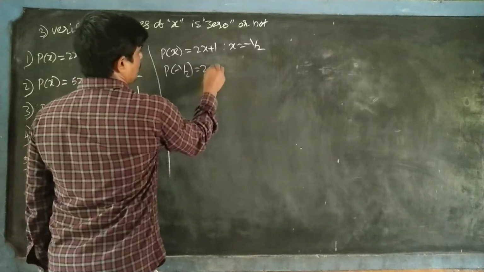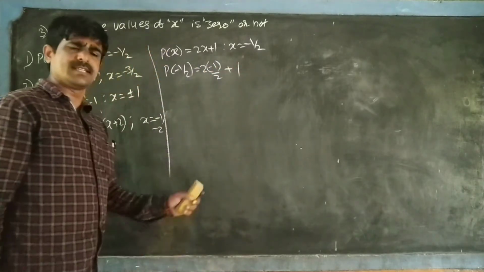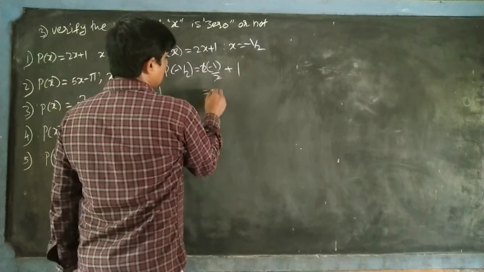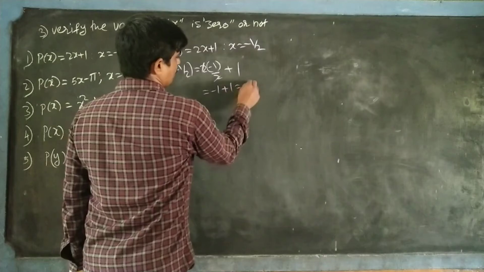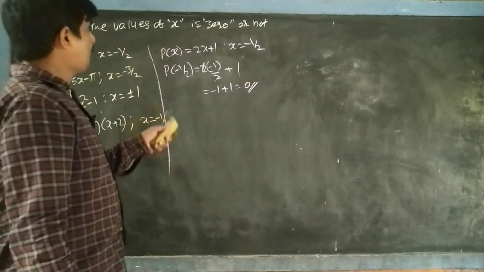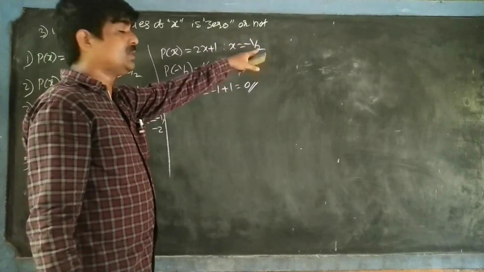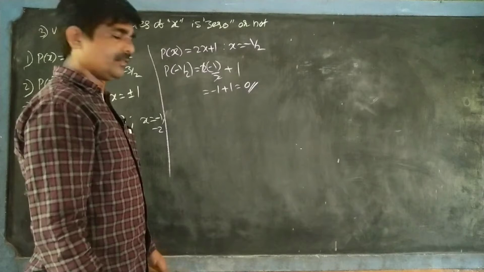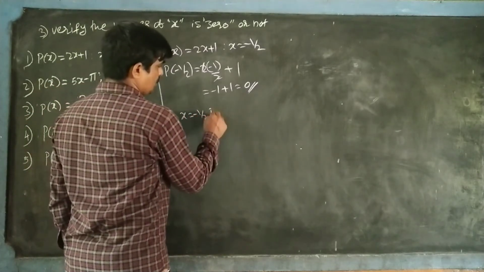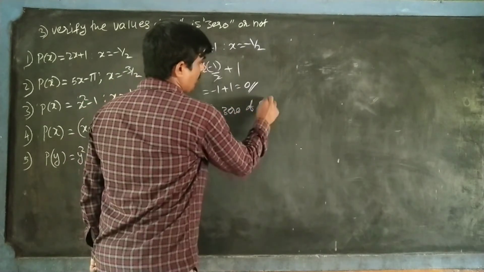So that is equal to 2 into minus 1 by 2 plus 1, just in the place of x. The 2 gets cancelled, that is equal to minus 1 plus 1, that is equal to 0. Therefore, x is equal to minus 1 by 2 is the 0 of the given polynomial.